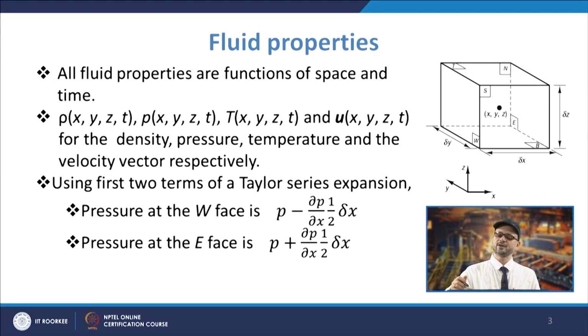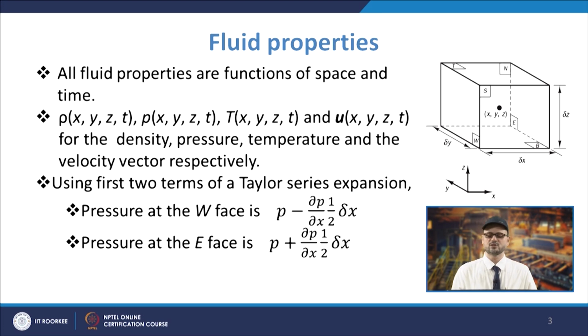If you talk about the properties of the fluid, suppose you have a point x, y, z where you are defining them. In that case, all the fluid properties are functions of space and time. You have properties like density, pressure, temperature or velocity.